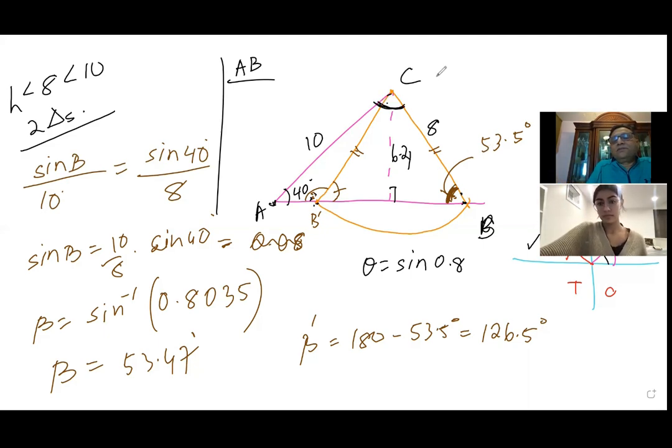So what is this angle? 180 minus 40 minus 53.5, because our angle is 40. So how much is that? That is 180 minus 40 minus 53.5, which is 86.5.